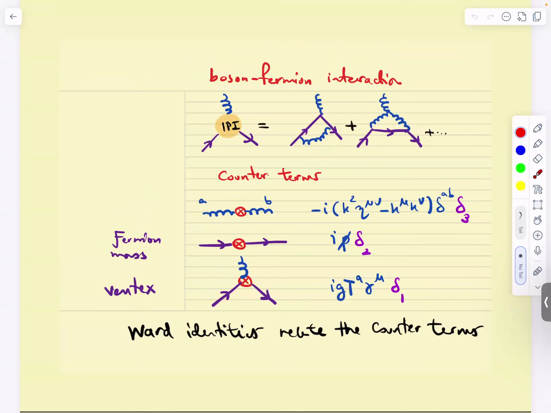So in QED, there were only two independent counter terms, right? The Ward identity, how did it relate the counter terms? So what is the relation that it was? The propagator, yeah, exactly. The vertex was related to the fermion.